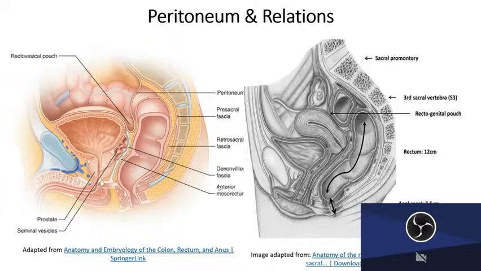All right. And then if you look between the rectum, there will be a condensation of a fascia which forms what is called the rectogenital septum, or we can refer to it as the rectovesical fascia of Denonvilliers.